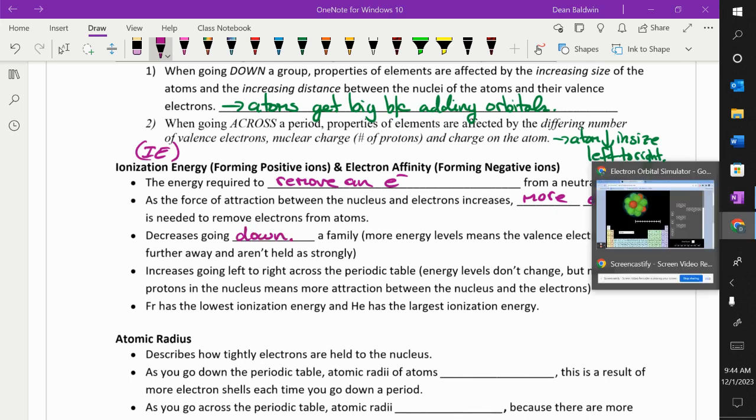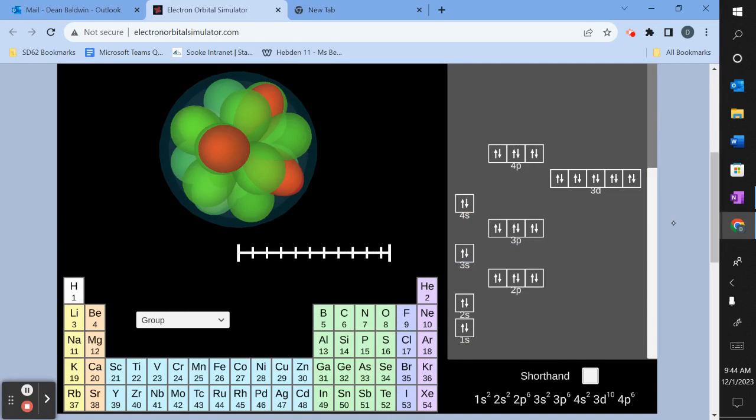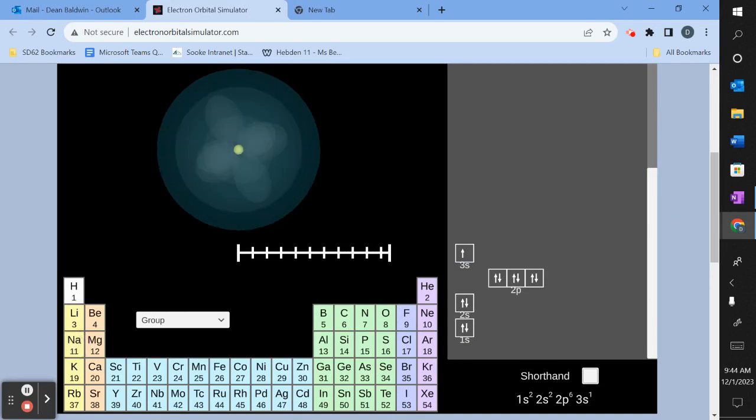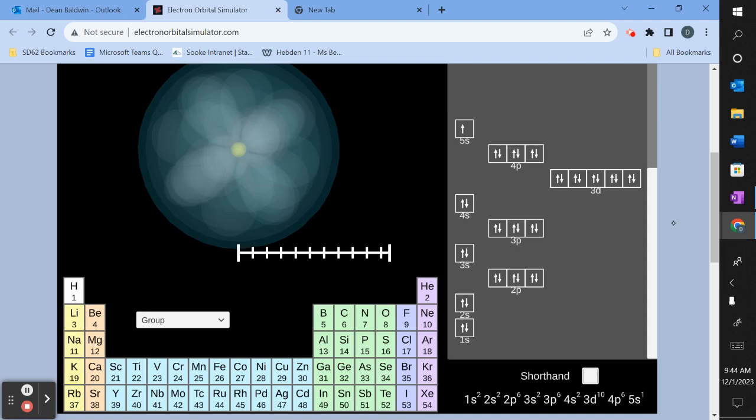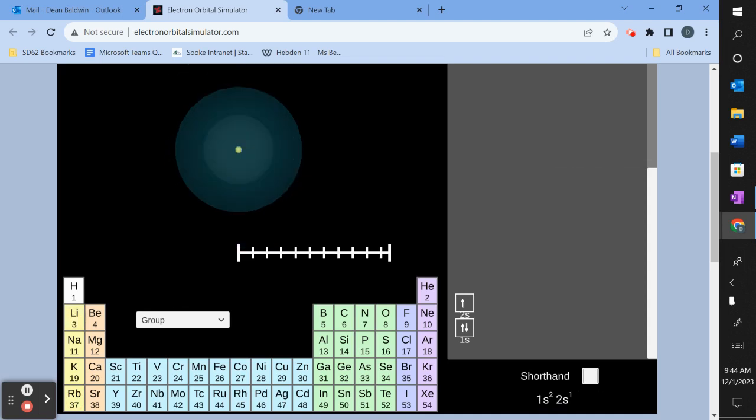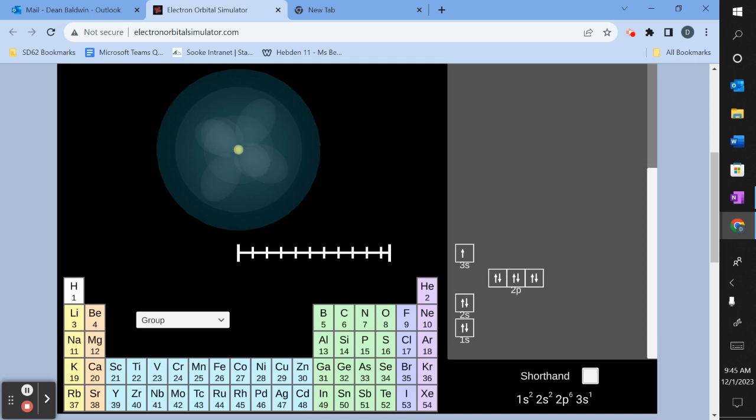If we go back to this, we go from sodium to potassium to rubidium. Li, and then if you go to sodium, Na, you're adding s orbitals, right?